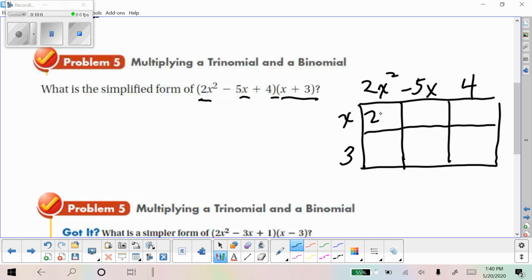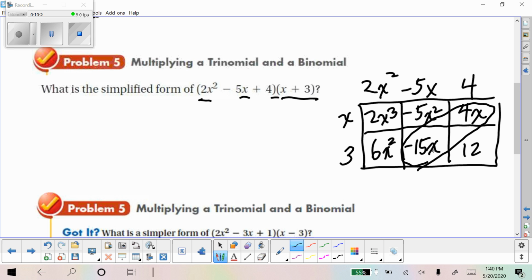And multiplying these two out, I get 2x to the third, 6x squared, negative 5x squared, negative 15x, 4x, and 12. And you can combine those into one when you write your polynomial, and you can combine those two into one when you write your polynomial.